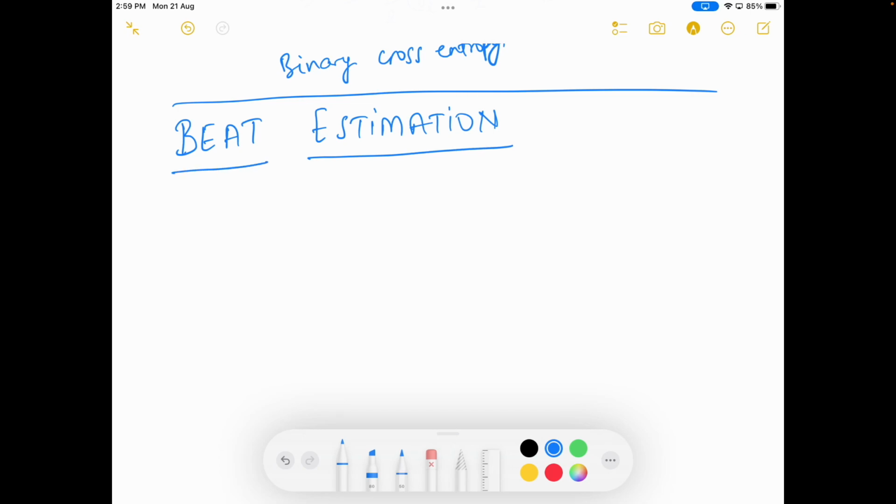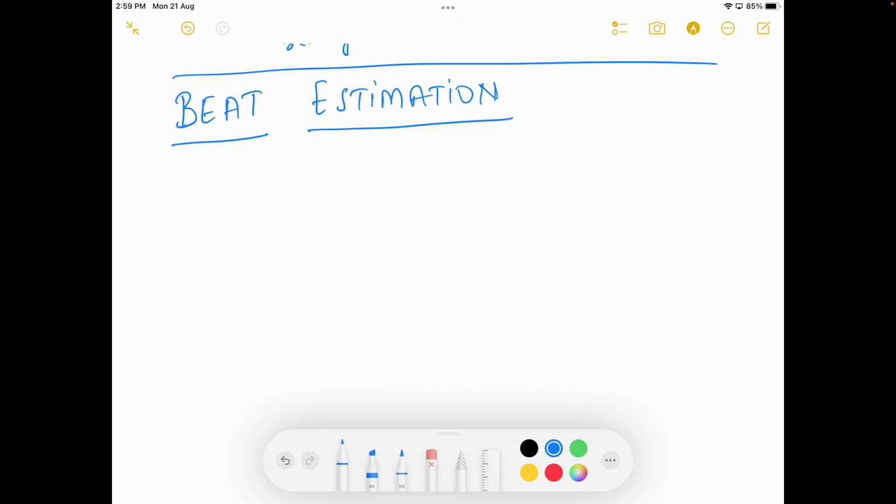Let's talk about beats. So what are beats? Let's say a person is playing beats. I'll give an example: Dha Din Dhinna, right?